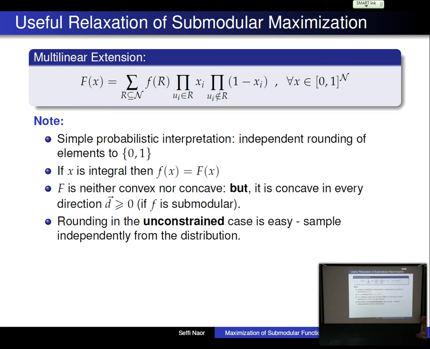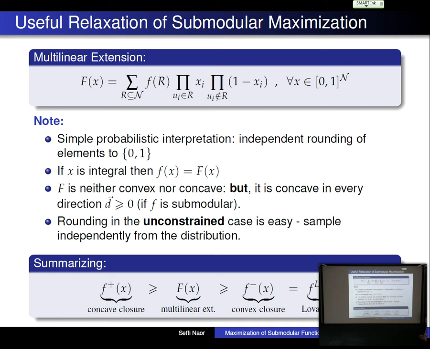So it has nice properties which we're going to use. Just to summarize, for a particular vector x, the concave closure is bigger than or equal to the multilinear extension on x, which is bigger than or equal to the convex closure, which is equal to the Lovász extension.